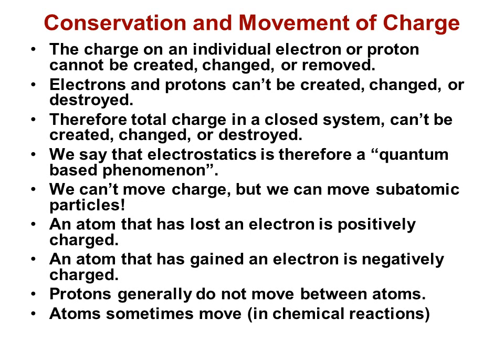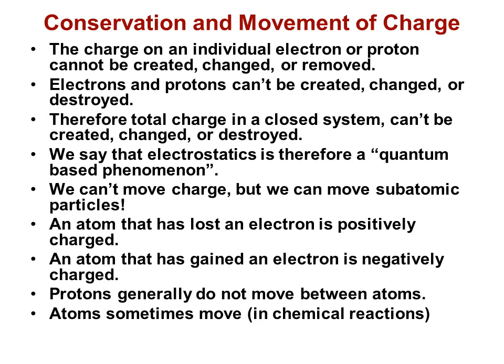Charge on an individual electron or proton can't be created, changed, or removed. For that matter, electrons and protons can't be created or destroyed. Therefore, total charge in a closed system can't be created or destroyed. We say that electrostatics is therefore a quantum-based phenomenon. We can't move charge, but we can move subatomic particles.